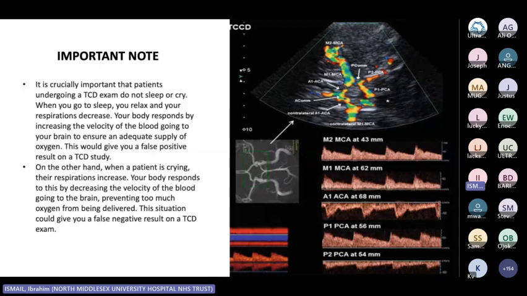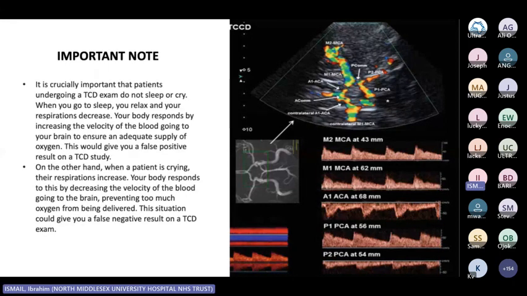It's crucial that patients undergoing a TCD exam are not asleep, for example, or crying. When you go to sleep, you relax and your respiration decreases. Your body responds by increasing the velocity of blood going to your brain to ensure an adequate supply of oxygen.